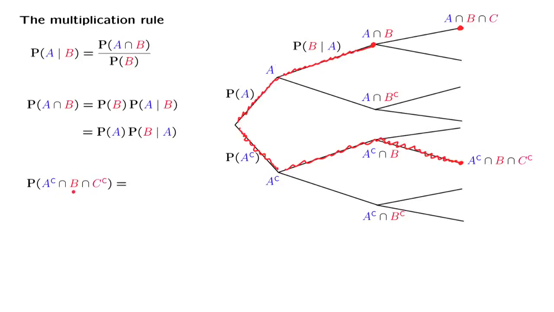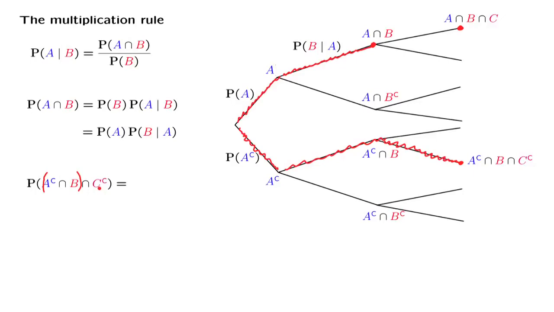However, we need to deal here with three events. What should we do? Well, we look at the intersection of these three events and think of it as the intersection of a composite event, A complement intersection B, then intersected with the event C complement.